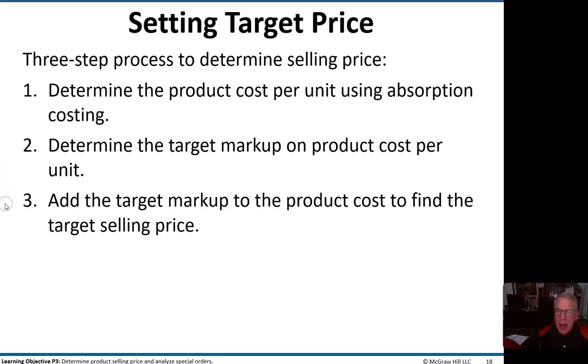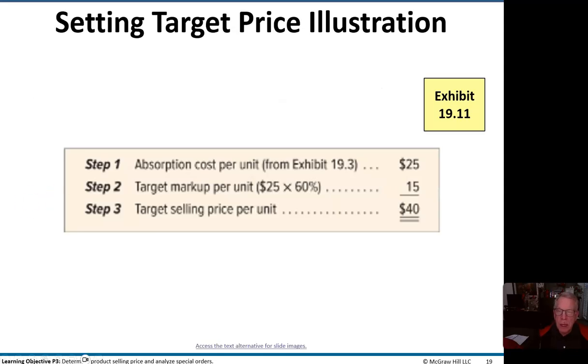Three, add the target markup to the product cost to find the target selling price. So let's see how we would do that. Here's our absorption cost per unit. Here's our target markup, and that's 60% markup, or 60% of $25 is $15. So our target selling price per unit would be $40 in this example.